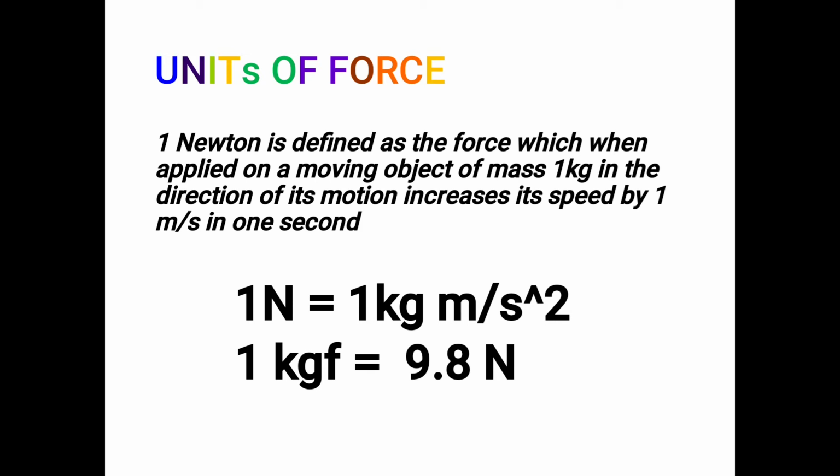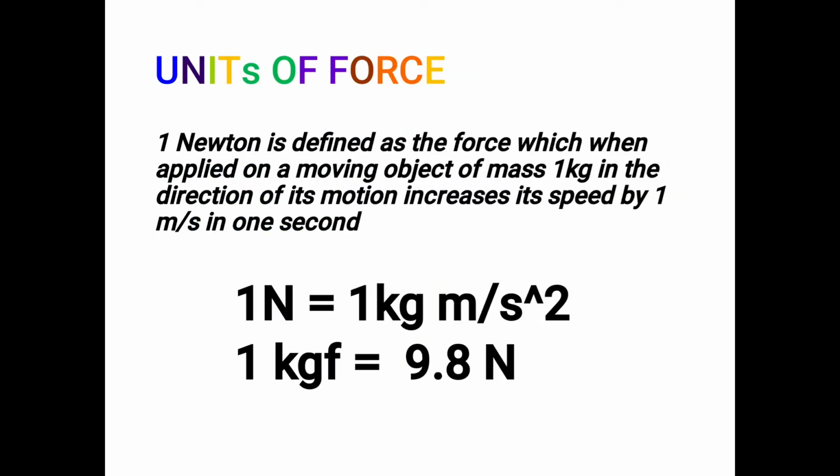So let's define it once again. 1 Newton is defined as the force which, when applied on a moving object of mass 1 kg in the direction of its motion, increases its speed by 1 meter per second in 1 second. Which means if a body gets an acceleration of 1 meter per second square having mass 1 kg, that amount of force will be equals to 1 Newton.